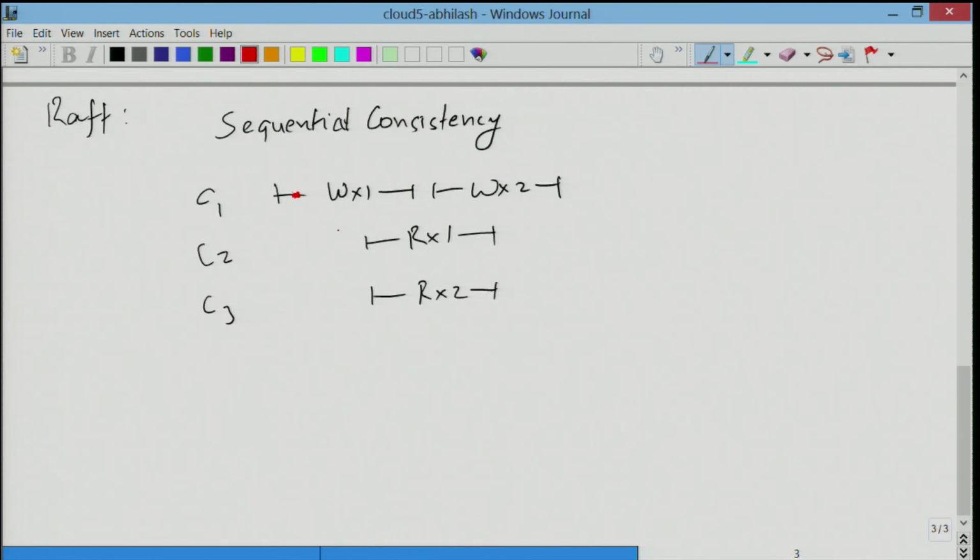And if we can identify these points such that you can draw a linear relationship between them, so after this, maybe this happened, and after this, maybe this happened, then this execution history is linearizable because we were able to draw these linear relationships among the points at which the operations may have committed. So the goal is we should only allow linearizable histories, right?